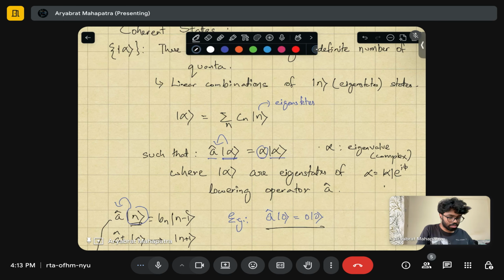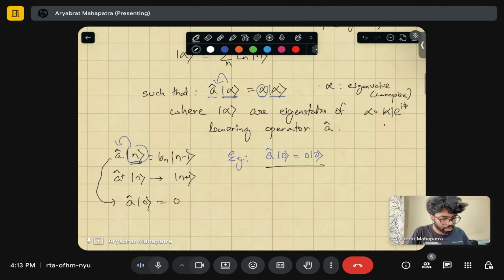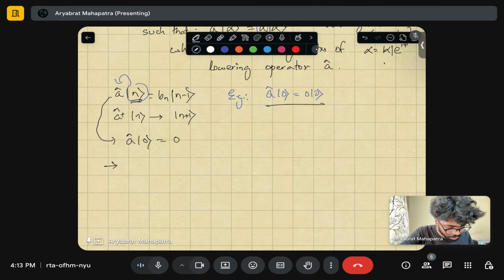Okay, before moving on, there is one more thing about this topic, something called displacement operators. So what are displacement operators?